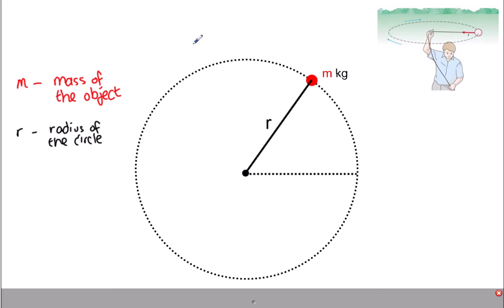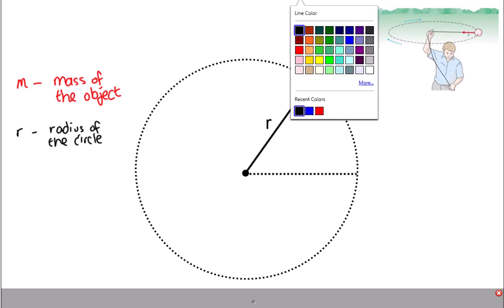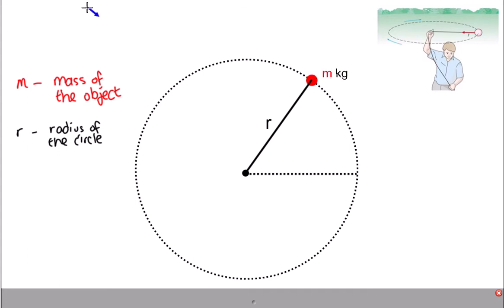Okay, so if I add on to here an arrow, because if you imagine what would happen if you were spinning around on a string and the string suddenly broke. Well, the object would fly off at a tangent, okay? And its velocity would be equal to the speed it had at the point that the string snapped.